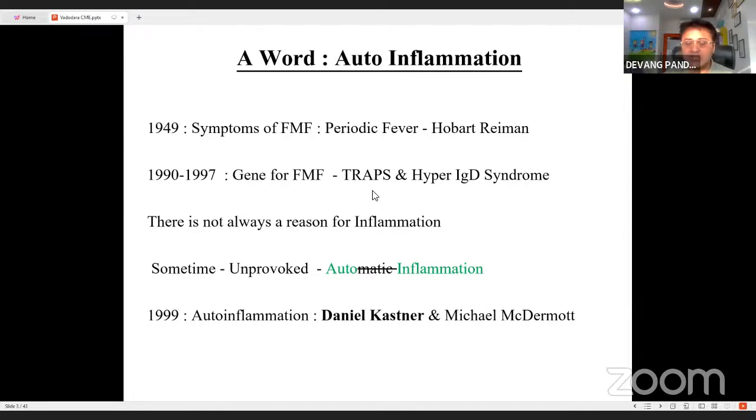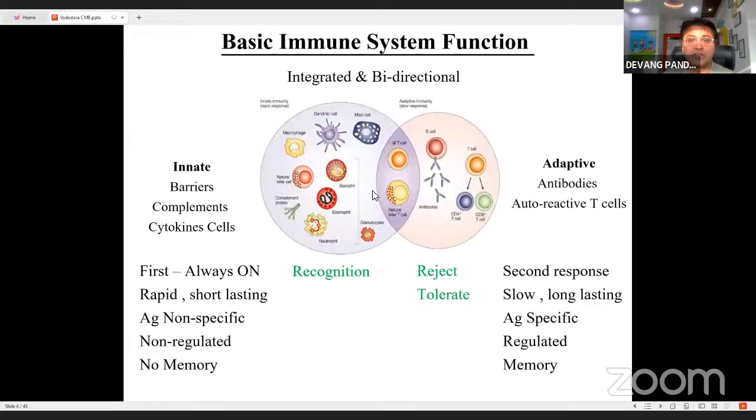Sometimes, without any insult, without any endogenous or exogenous threat, the body produces an excessive inflammation, which is perfectly unprovoked. A common word for unprovoked inflammation is automatic inflammation, and from this came the word autoinflammation. So without any insult, there is a severe systemic inflammation in the body.